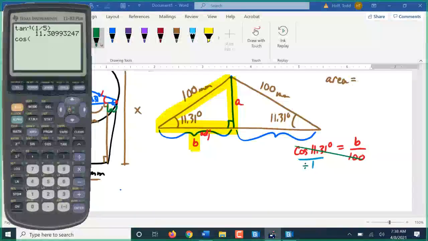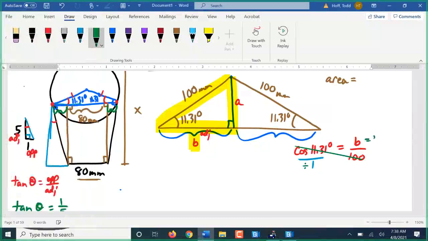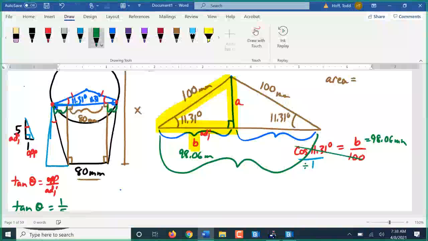The cosine of 11.31 times 100 divided by 1 gives us 98.06 millimeters. So B here is 98.06 millimeters, making the whole distance across there 196.12 millimeters.